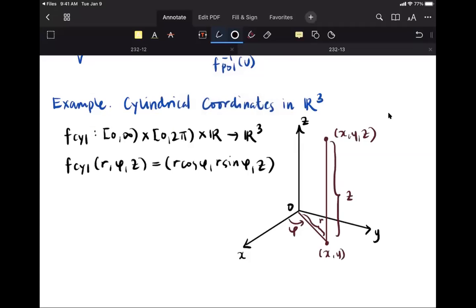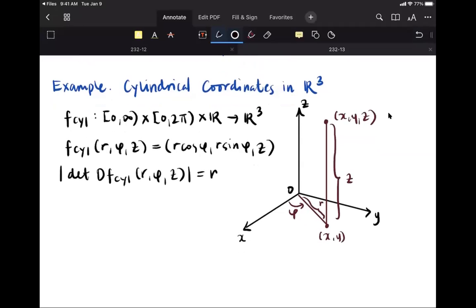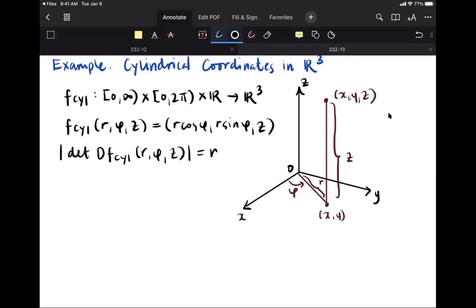Then as before, you can show that the determinant of the Jacobi matrix for this transformation is the same as r, since z is fixed, so it will not contribute to any change on the Jacobi determinant. And you can show that as well.